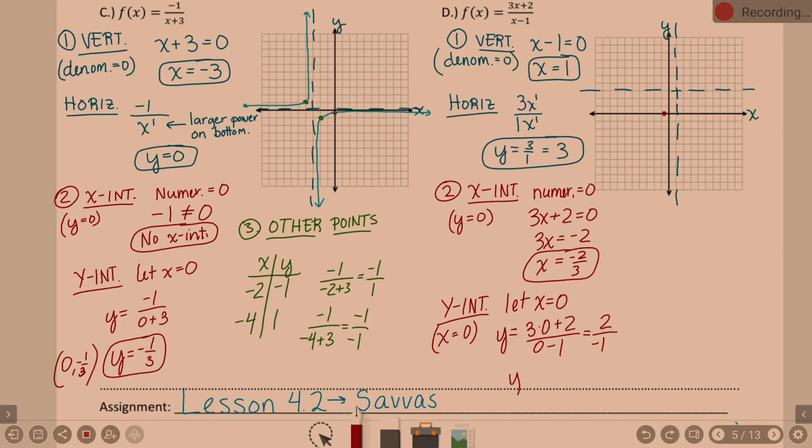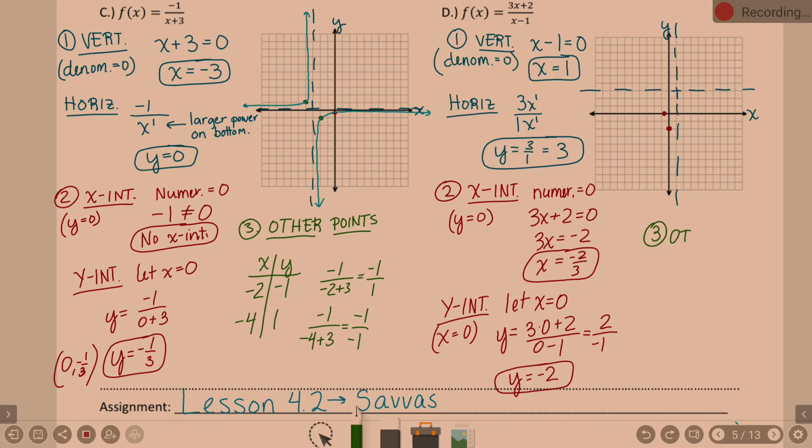What's 2 divided by negative 1? Negative 2. Y-intercept of negative 2 on the y-axis, go down 2. Okay. I have confidence I could draw this. And again, I'm not worried about very specific graphs, am I? We're getting the general shape.